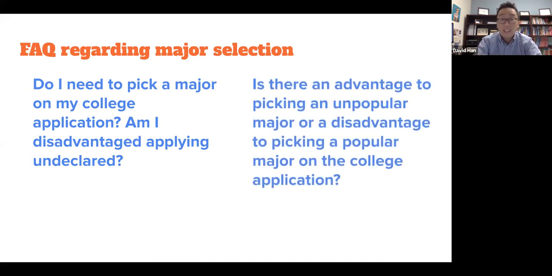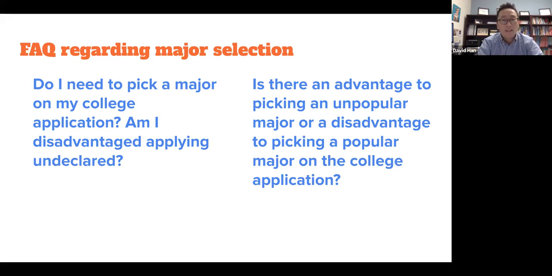If I put undeclared, is that going to give me a better or worse chance? Is there an advantage to picking an unpopular major, or a disadvantage to picking a popular major? Quite often students will debate between an English major versus a biology major at UCLA, thinking, oh, the English major will be easier to get into than bio, but actually it's not. And often it really won't matter.